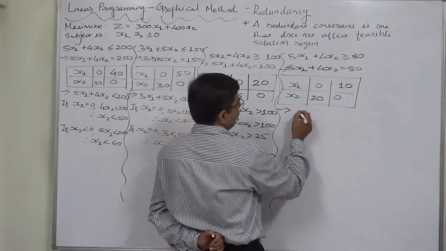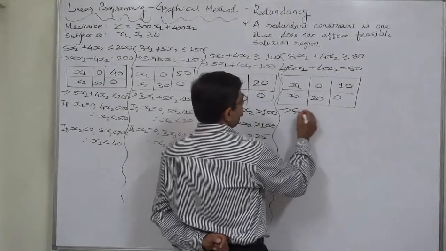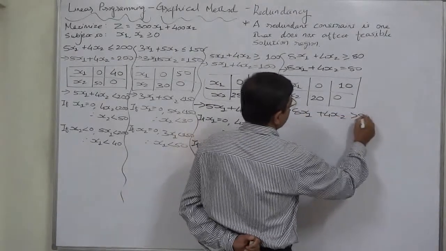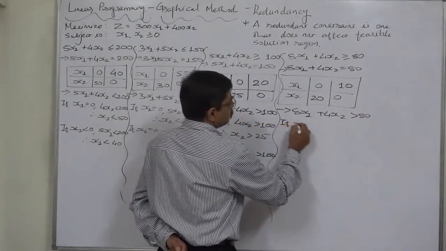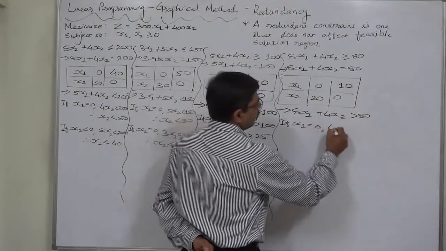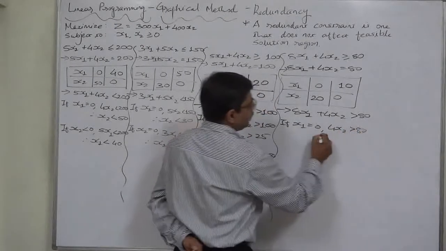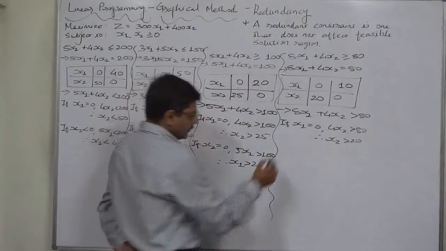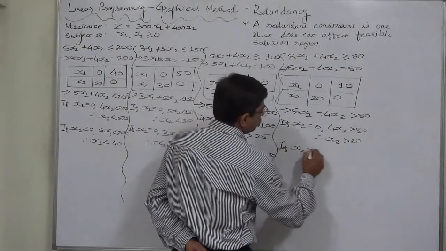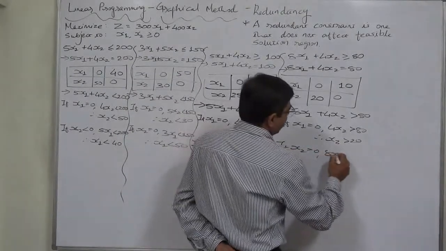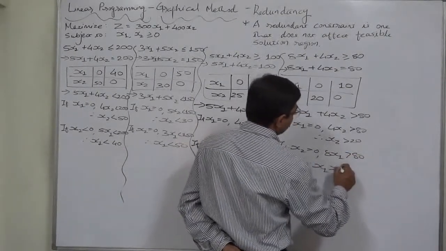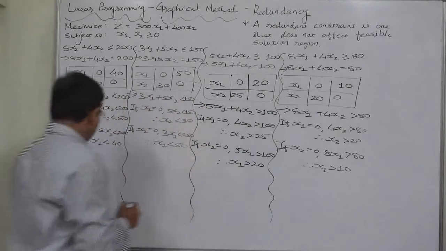If the inequality part is taken, 8x1 plus 4x2 greater than 80. If x1 takes value 0, then 4x2 will be greater than 80 and hence x2 greater than 20. If x2 takes value 0, then 8x1 greater than 80 will be there and hence x1 will be greater than 10.